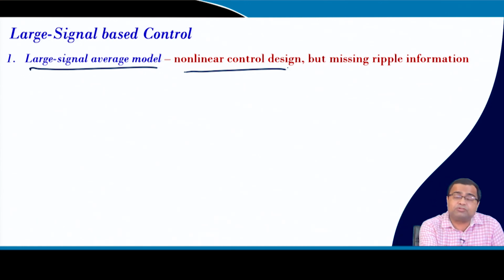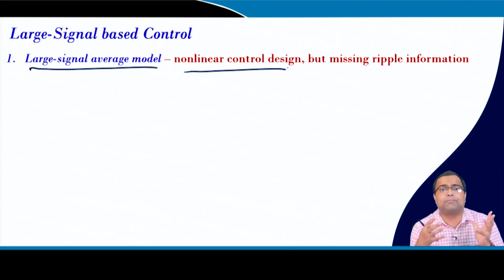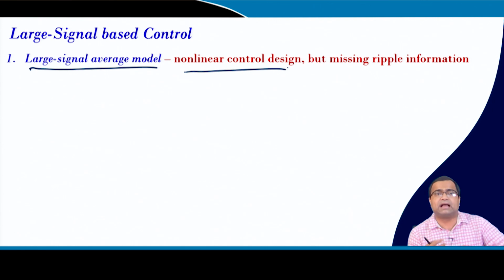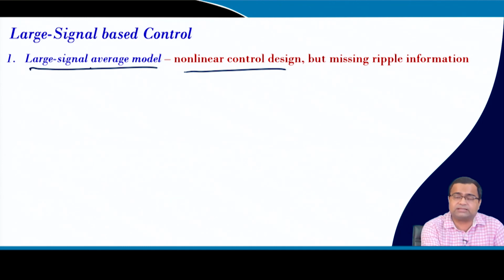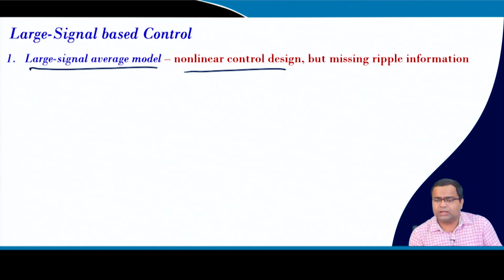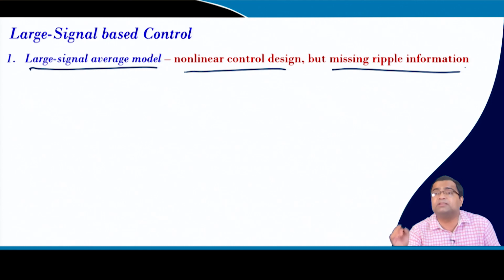But if we use a large signal average model and use Lyapunov stability, we can increase the bandwidth even further, because there is no bandwidth concept. So, we can further improve the performance, and it can go very close to time optimal, but not exactly, because there is a limit on the duty ratio, and it still misses the ripple information.